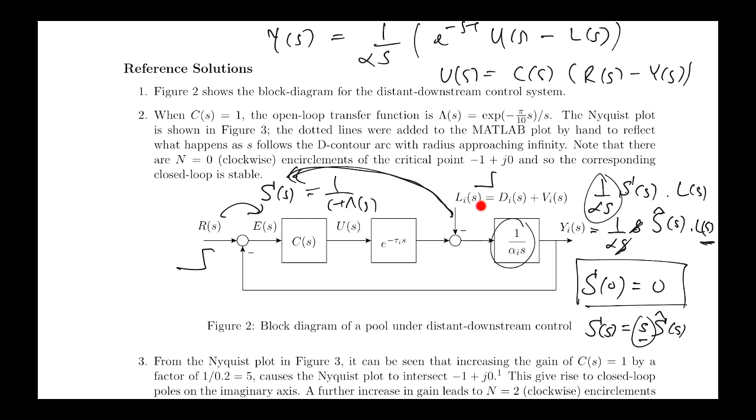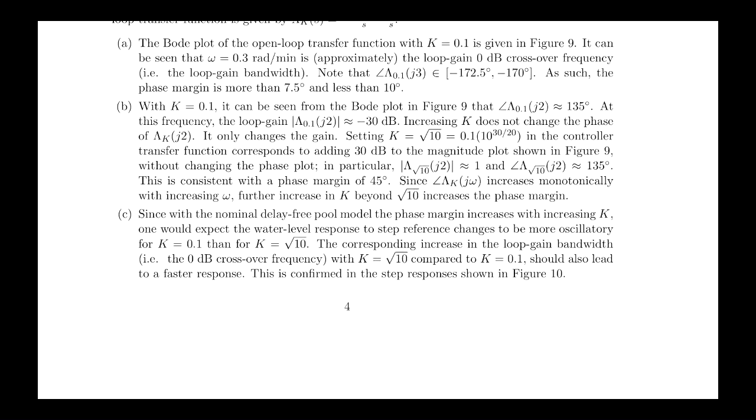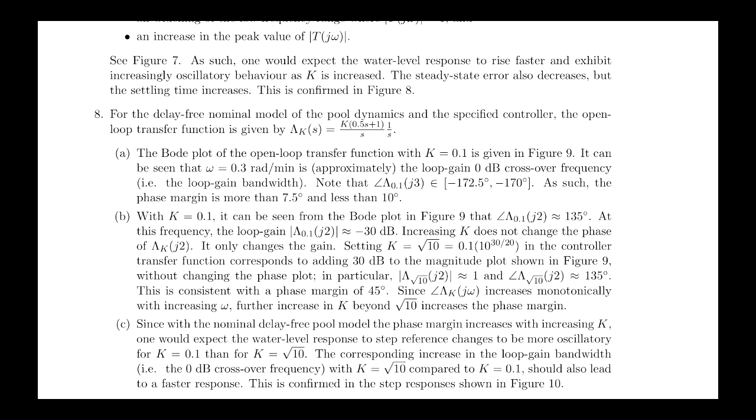Okay, the internal model principle tells us that to get 0 steady state error in response to step changes in the load, we need an integrator in the controller. So that's what we're going to do in the last part: we're going to put an integrator into the controller. We're now looking at a controller that has this form, k, it's got a 0 and a pole at s equals 0.